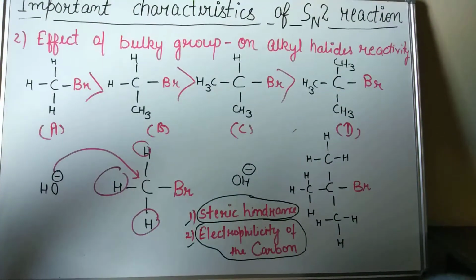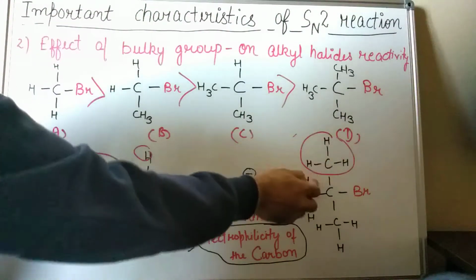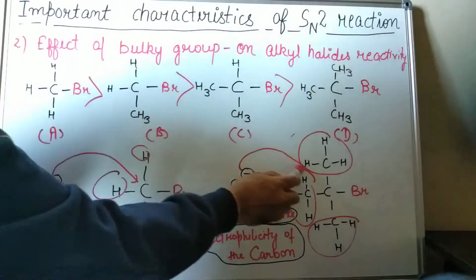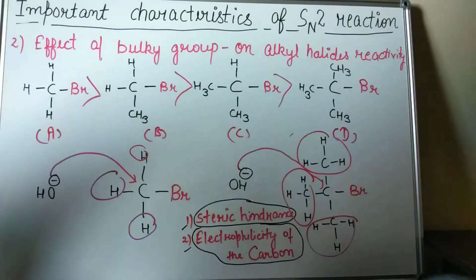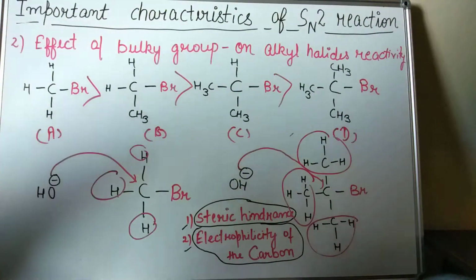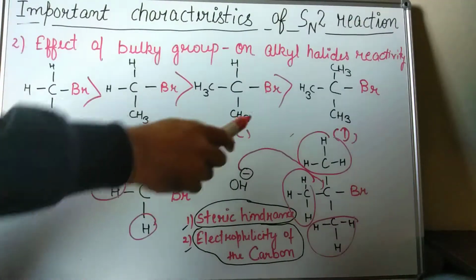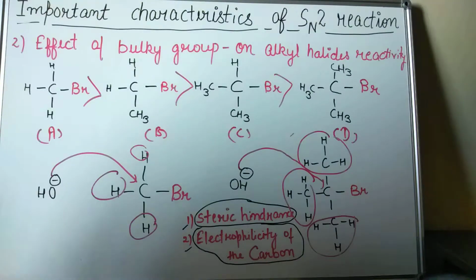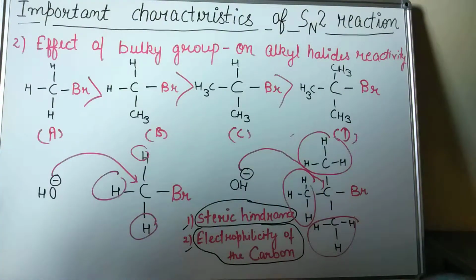On the other hand, if you look at these 3 methyl groups, the approach of the nucleophile on the carbon is going to be difficult, and this effect is called steric hindrance. So you can say that the steric hindrance caused by these 3 methyl groups in case of tertiary butyl bromide is more as compared to these 3 hydrogens in case of methyl bromide.